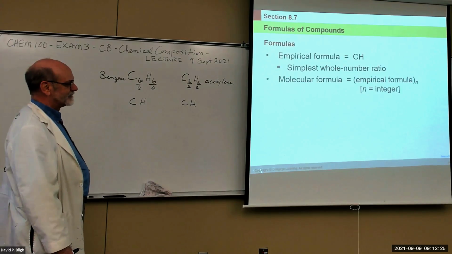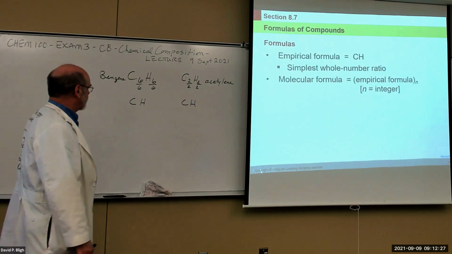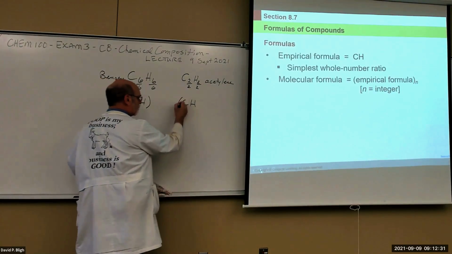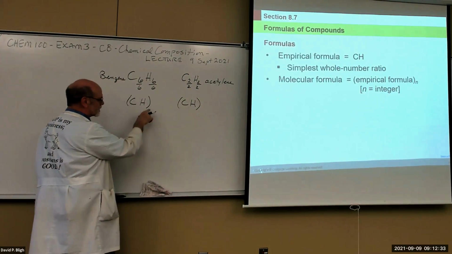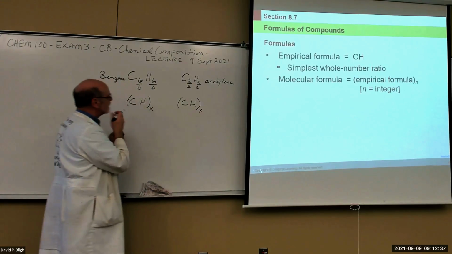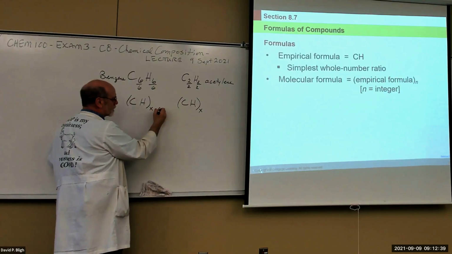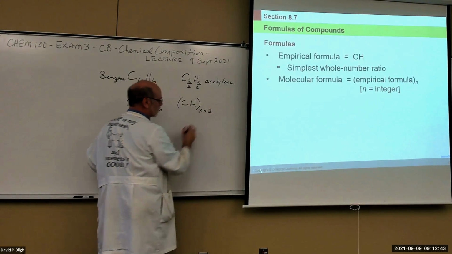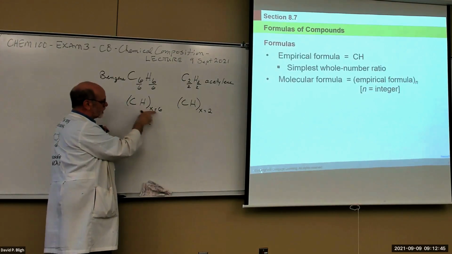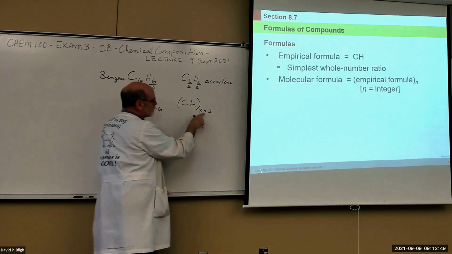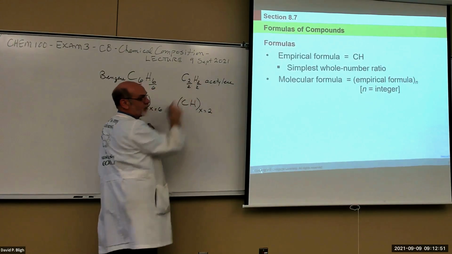And if we write it like this, and we say there needs to be something here, something here. In this case, the multiplier is 6. And in this case, the multiplier is 2. So if you say 6 times 1 and 6 times 1, you have this compound. If you say 2 times 1 and 2 times 1, you have that compound.